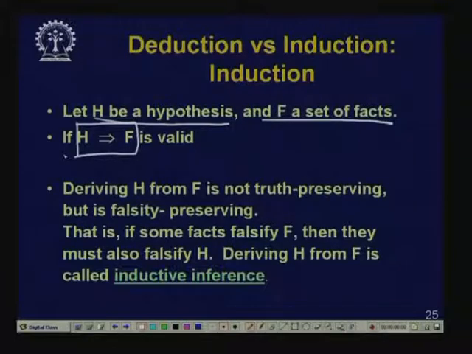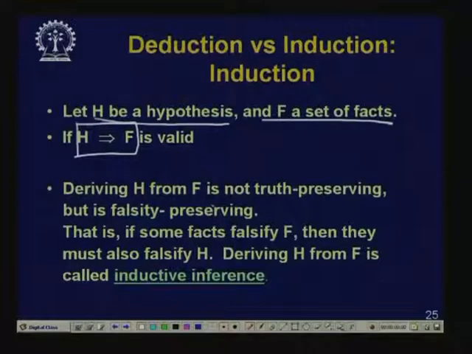Now, suppose we know F. Knowing F, in inductive inference we will try to derive H. Now, from F, H does not follow by deductive inference. But if F is false, then H must be false.